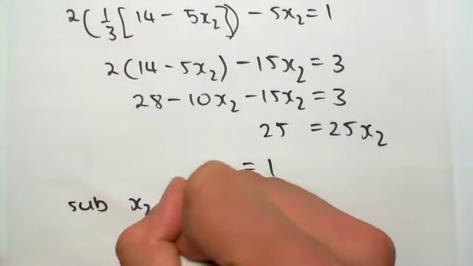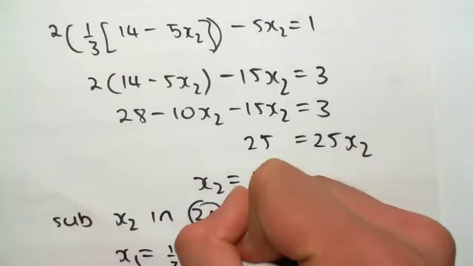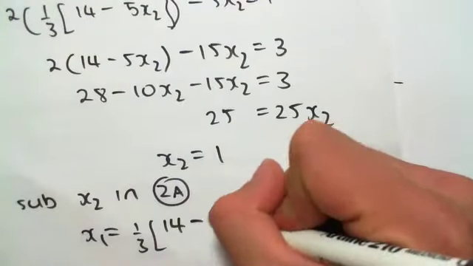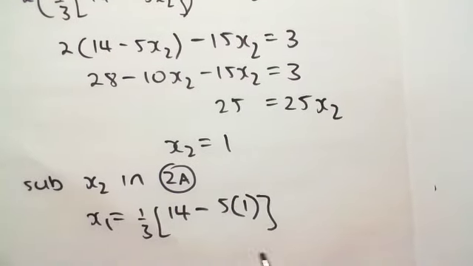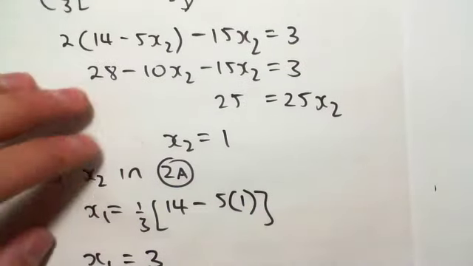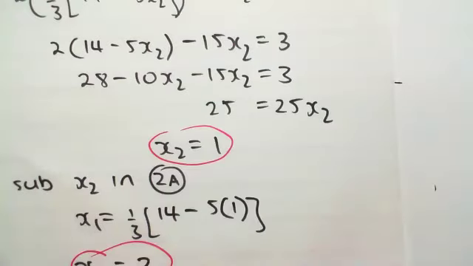So we would have x1 equals 1/3 outside of 14 minus 5x2, where x2 is 1, closing the bracket. If you were to solve this, you would find that x1 equals 3. And these answers are the exact same we got from the previous two methods.